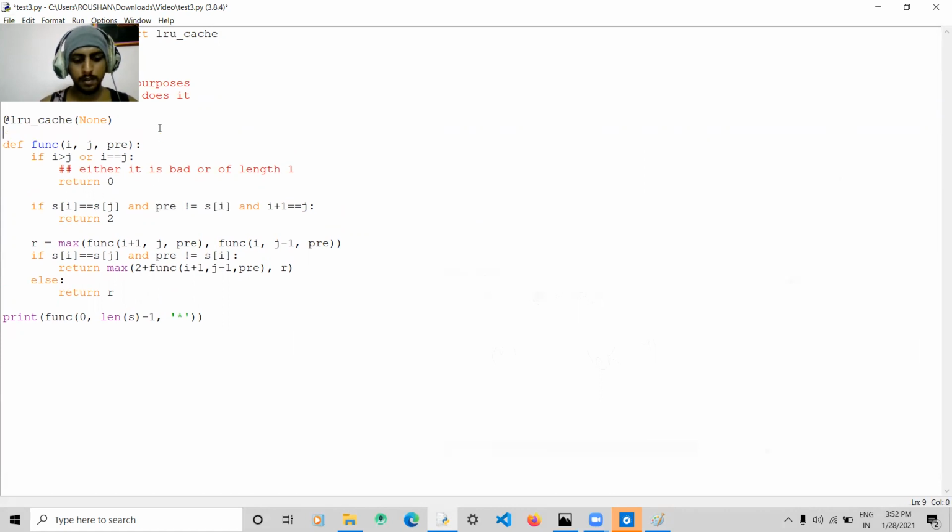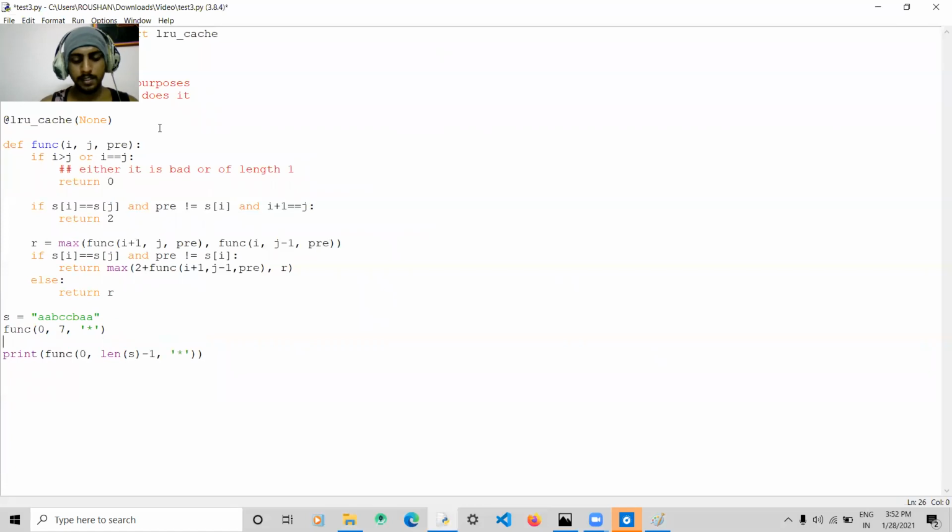So in case our input was s equals a b c c a c c b a, then it would simply run the function on 0 to 7 and previous is star.